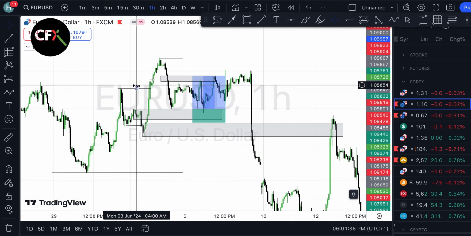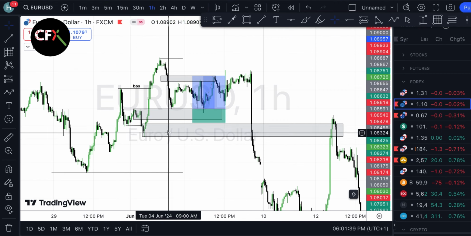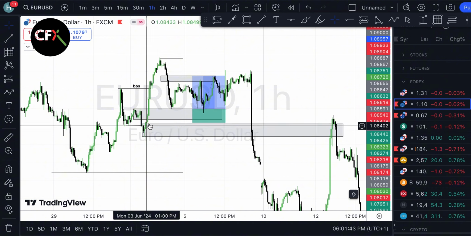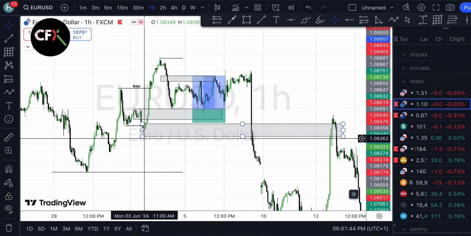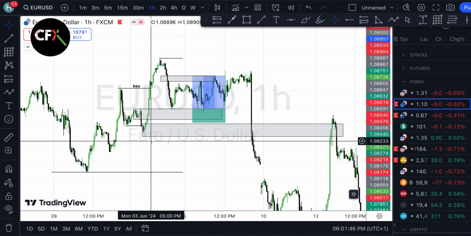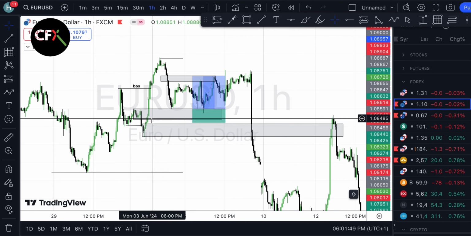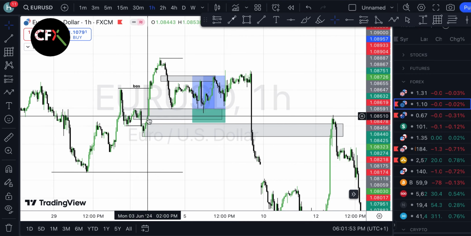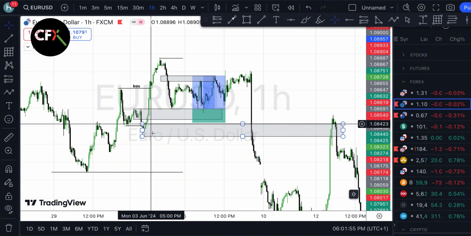Normally if price does a break of structure, it's supposed to return back to the last bearish candle that created this break of structure. That is considered as your order block. So you can see this order block meets all the criteria because there is a fair value gap there.